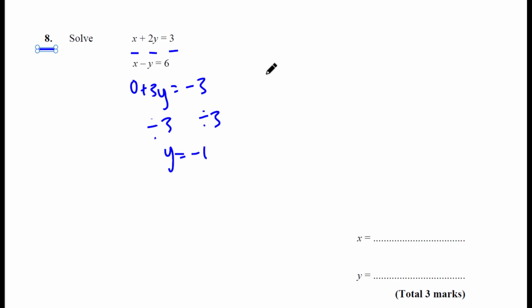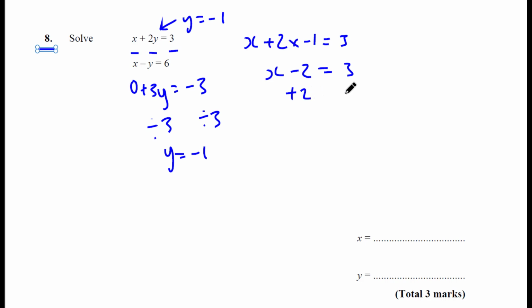Now sub that into any equation you want, and I'm just going to sub that into here. So you're going to get x plus 2 times minus 1 equals 3. So that's going to become x minus 2 equals 3. Plus 2 on both sides, so x equals 5.